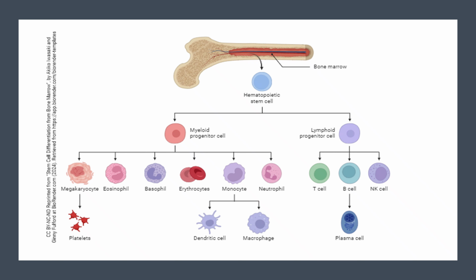The myeloid: red blood cells, platelets, neutrophils, eosinophils, you can see there, basophils, monocytes, and lymphoid: B cells, T cells, and the natural killer cells.